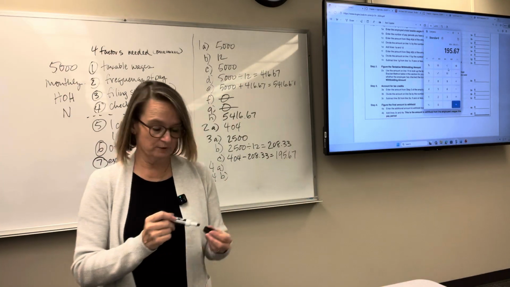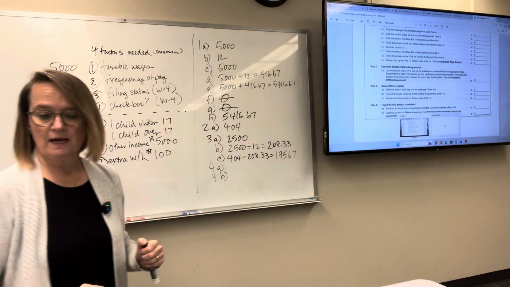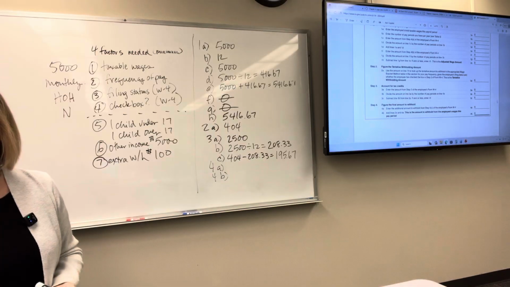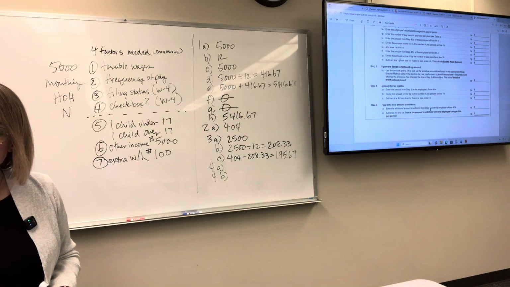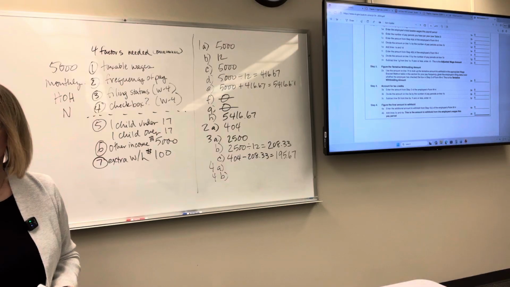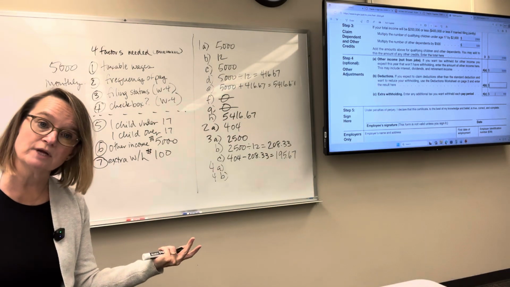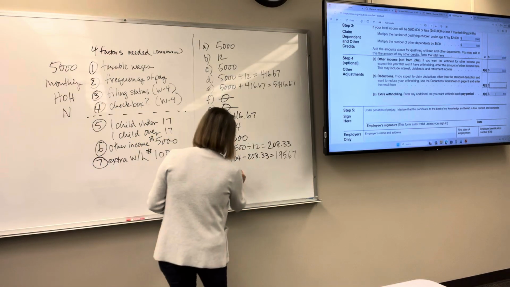So there's our 3C. Then we've got step 4. We're going to enter the additional amount to withhold from step 4C of the W-4. So 4C, they wanted an additional $100 withheld, right? So we're going to enter that in.